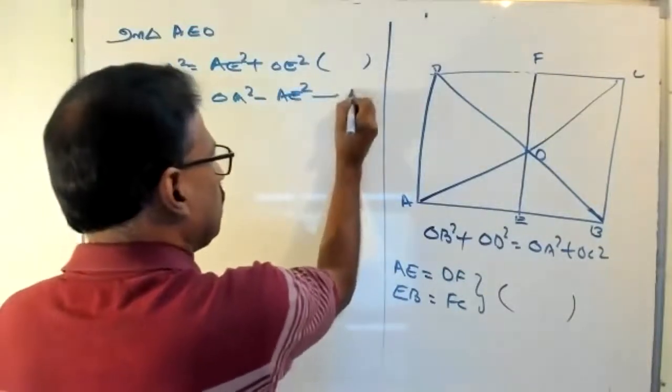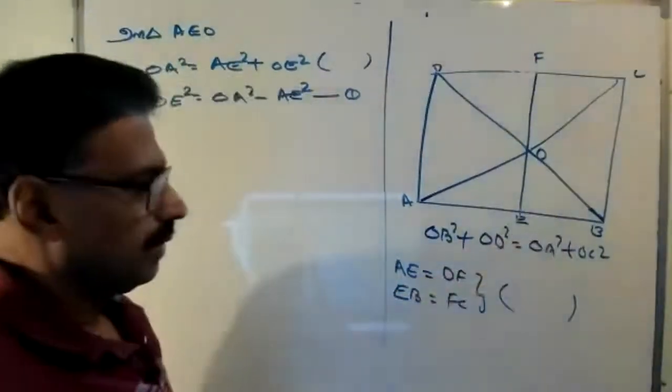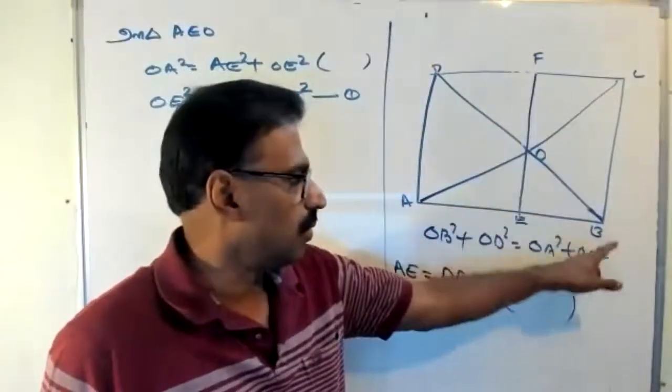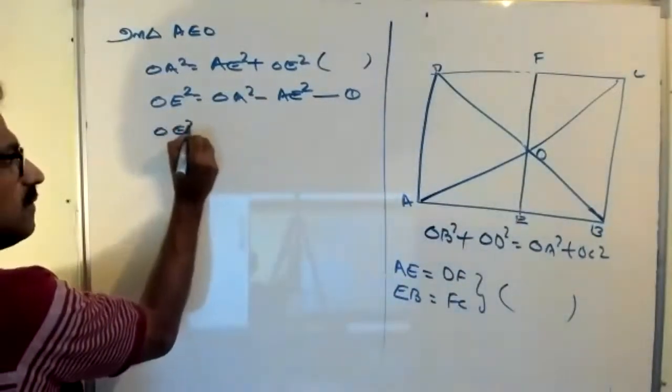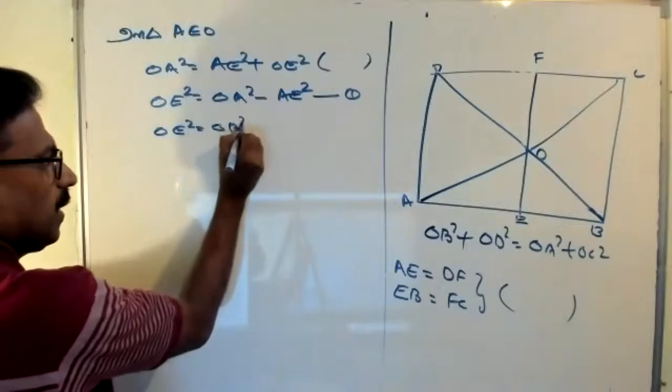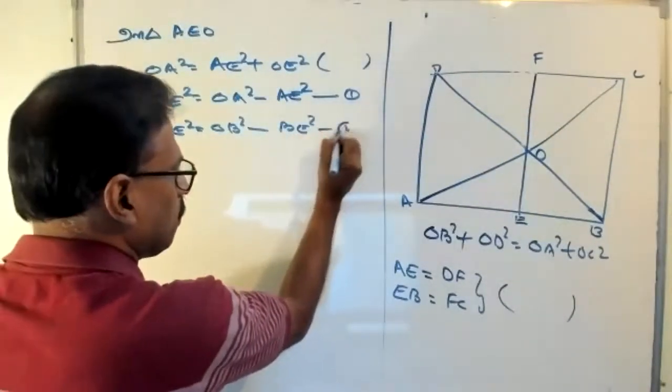Call it number 1. Similarly, in triangle OEB, OE square equal to OB square minus BE square. Number 2.